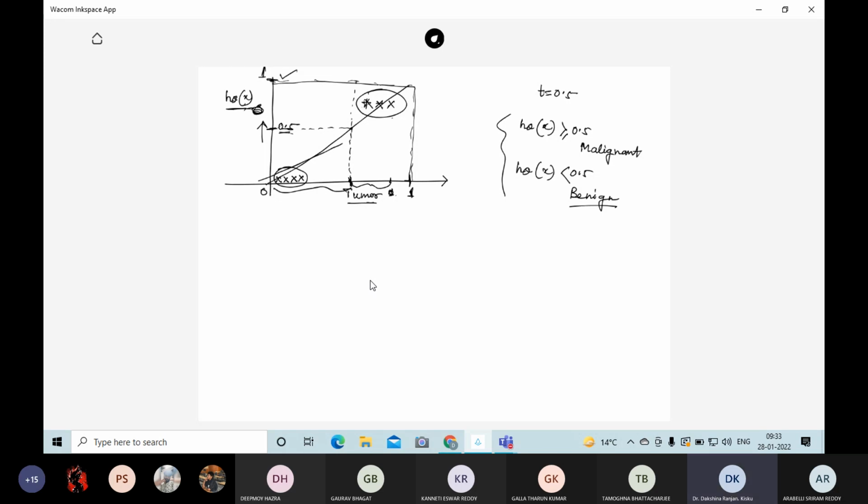That means if we quantify the tumor with some numerical value or real number, that numerical value will lie between 0 and 1. Understood? And the corresponding predicted value will also lie between this lower bound 0 and upper bound 1.